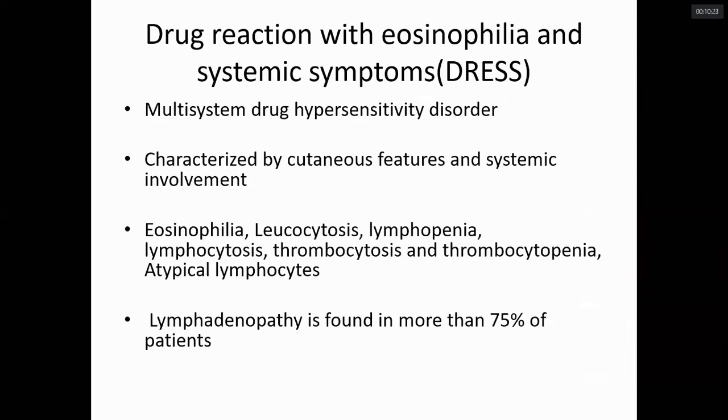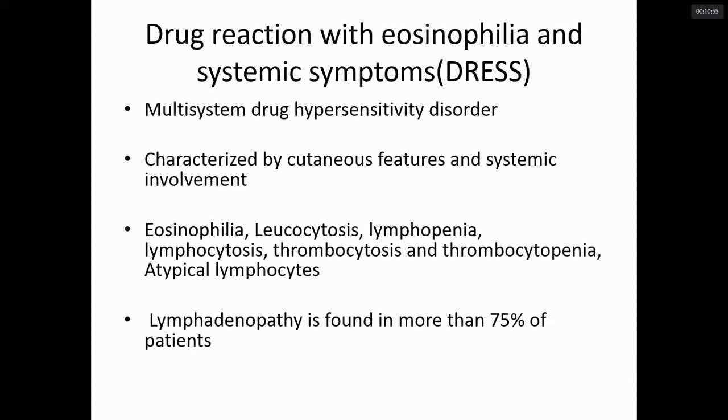Now, DRESS, drug reaction with eosinophilia and systemic symptoms, or drug hypersensitivity syndrome. It is a multi-system drug hypersensitivity disorder which is characterized by cutaneous features and systemic involvement also. In hematological involvement, there can be eosinophilia, leukocytosis, lymphopenia, lymphocytosis, thrombocytopenia, and appearance of atypical lymphocytes in peripheral blood smear.